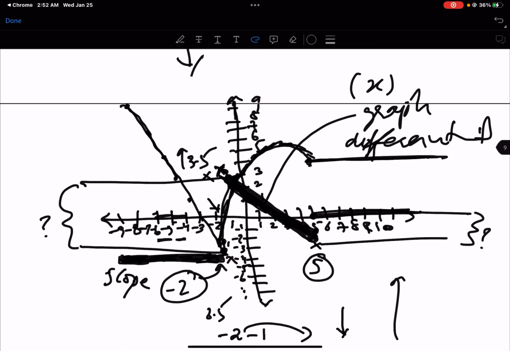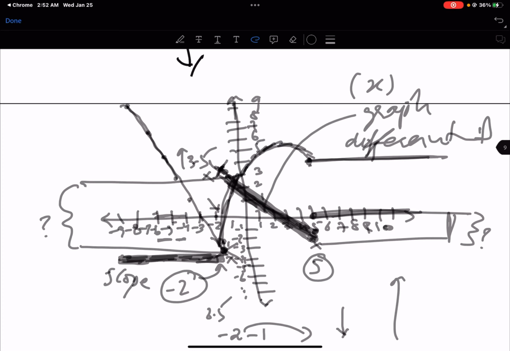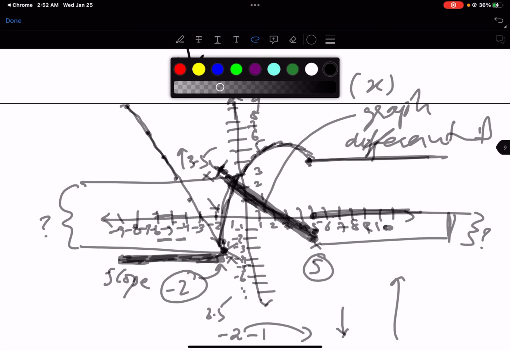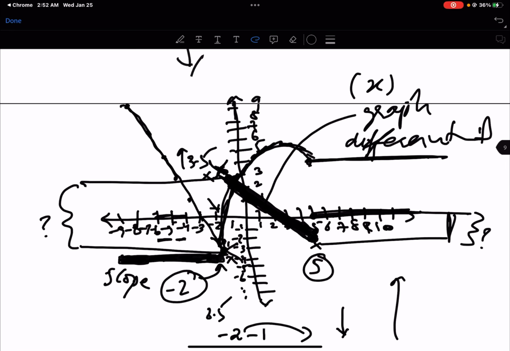There is no link between these 2 points, and there is no link between this point and this point.